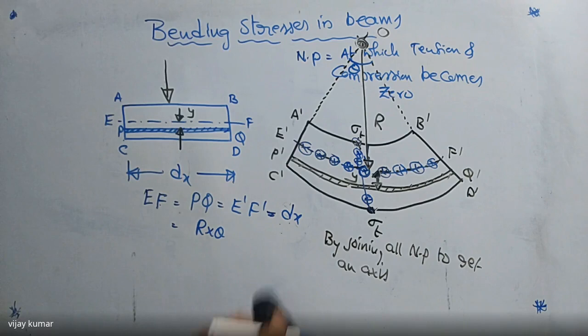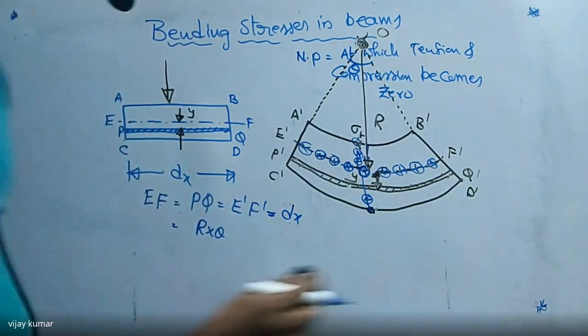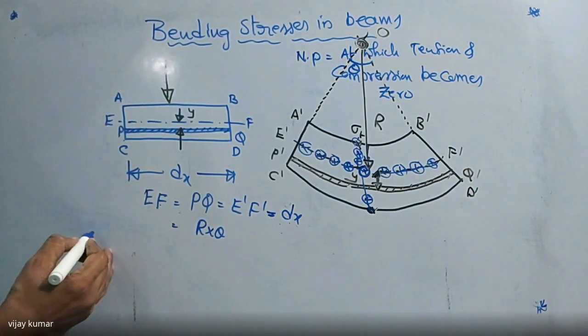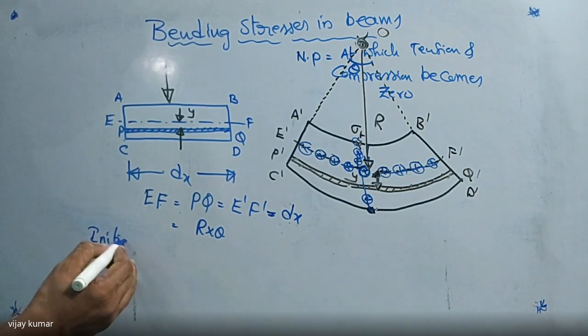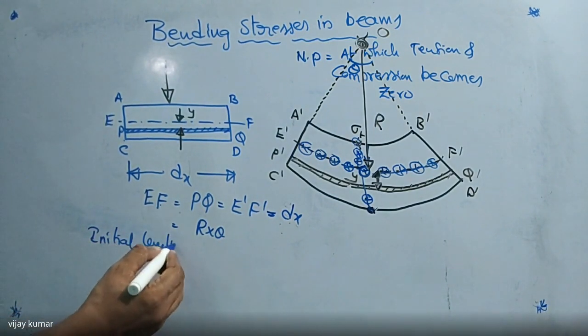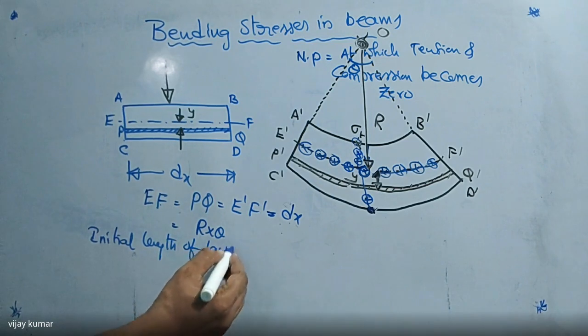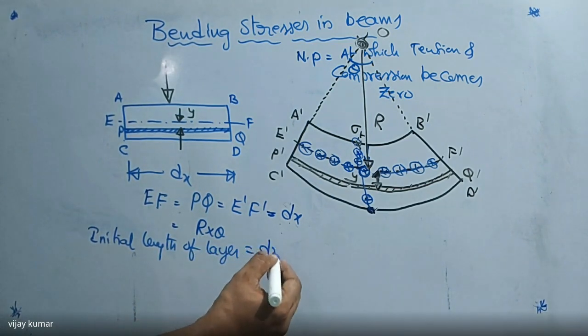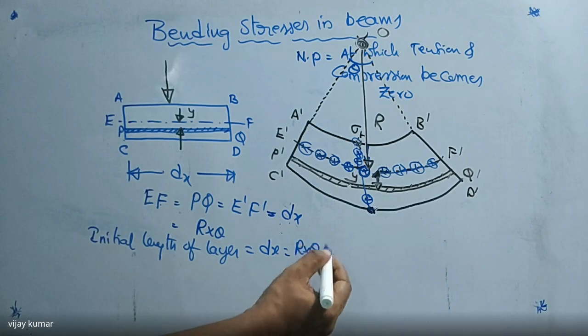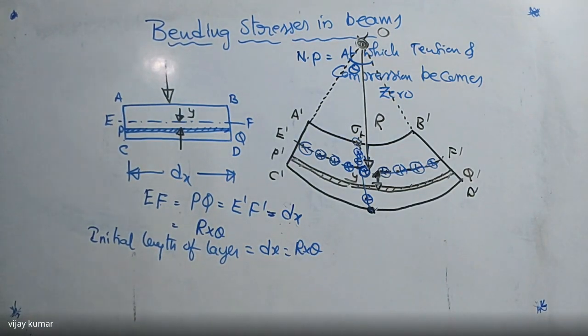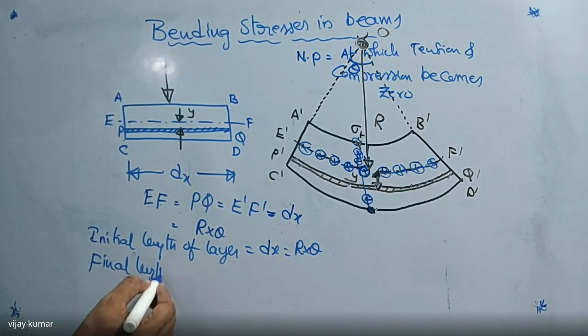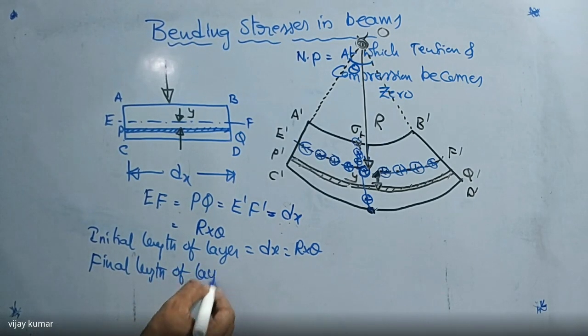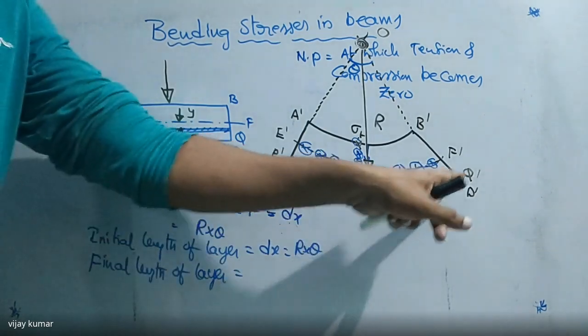Now listen carefully. I'm writing here: initial length of layer is equal to dx, which is equal to R into theta. And next is the final length of the layer. What is the final length of the layer here?